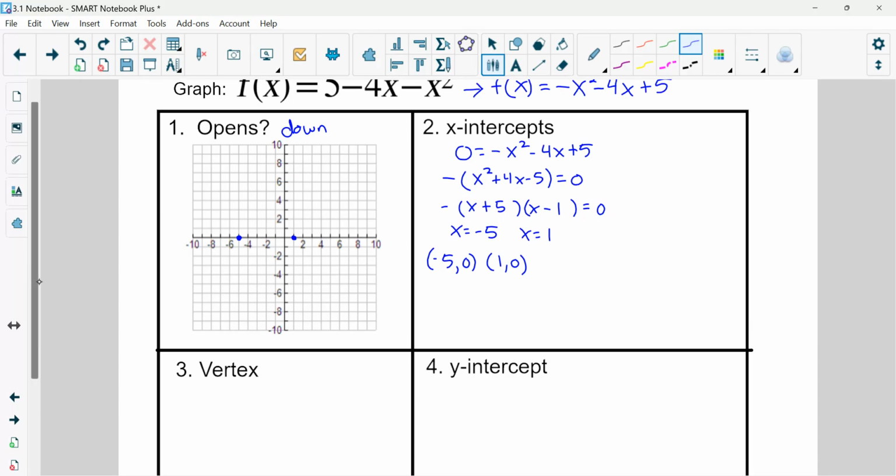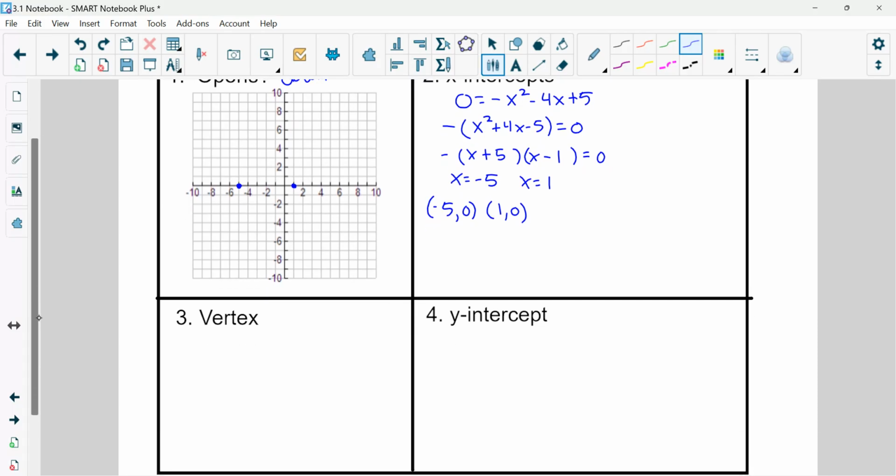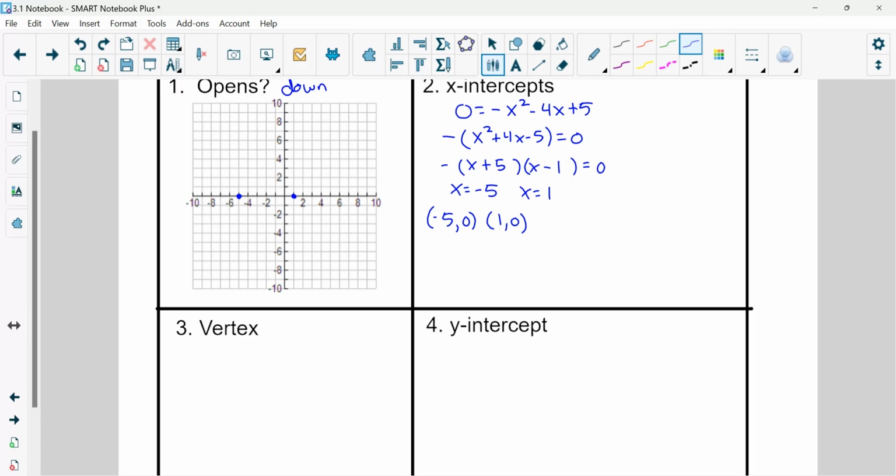All right, then we're going to find our vertex. So remember, to find the vertex, we can either find the average of the x-intercepts. So anytime you find an average, you add the two up. So I'd have negative 5 plus 1 divided by 2.